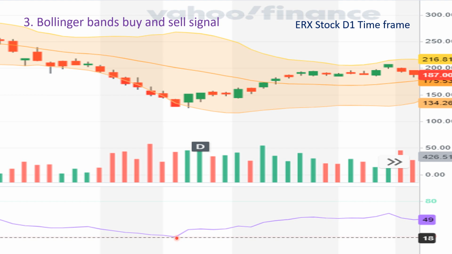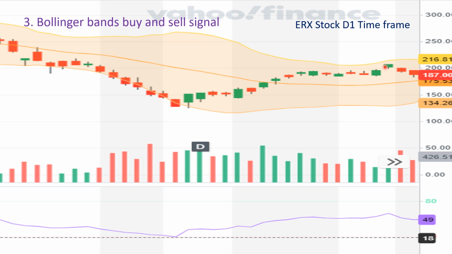So after that, the price leaves the oversold area and goes upward all the way till here, where the price reverses, and this is exactly the same location as where in Bollinger Band we exit the market.